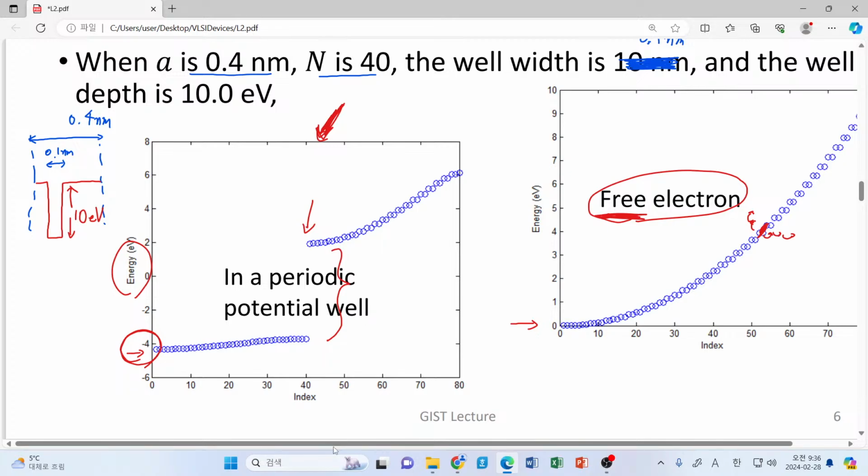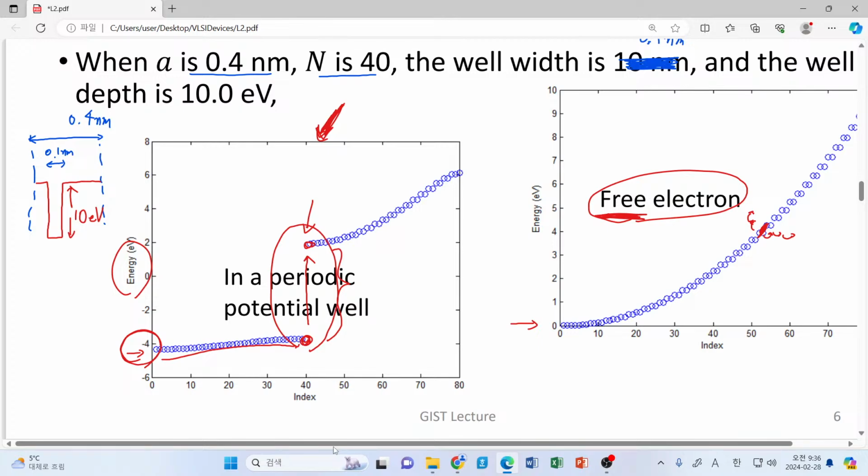But please have a look at this part. Here also we have smooth transition, but at this point and that point, although we have slightly changed the mode index, they have a really big difference. So that is introduced by what? By the periodic potential.